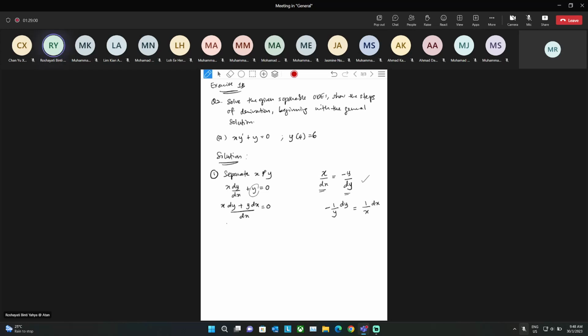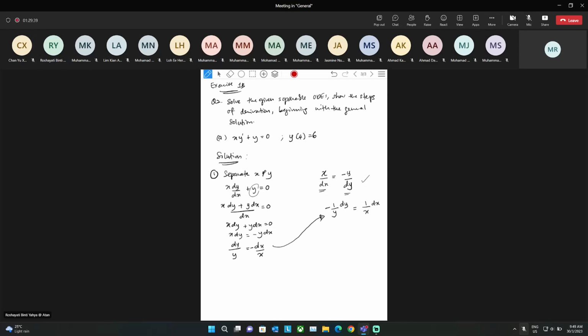Lepas tu, x dy tambah y dx sama dengan kosong. X dy sama dengan negatif y dx. So dy over y sama dengan negatif dx over x. Samalah juga jawapan kawan awak tadi. Positif negatif kiri kanan tu tak ada masalah.